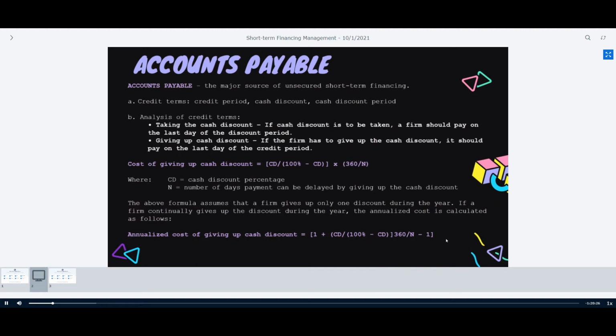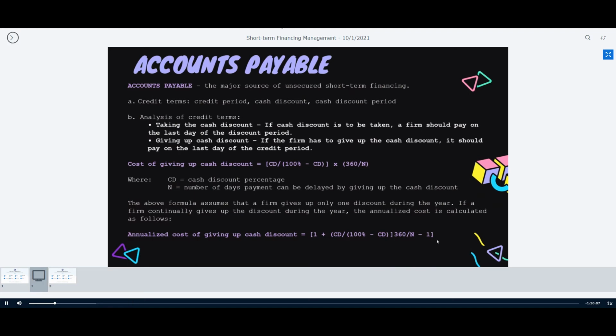Later on, we'll discuss that further. Now, the analysis of credit terms: if the cash discount is to be taken, a firm should pay on the last day of the discount period. So paano yan class?